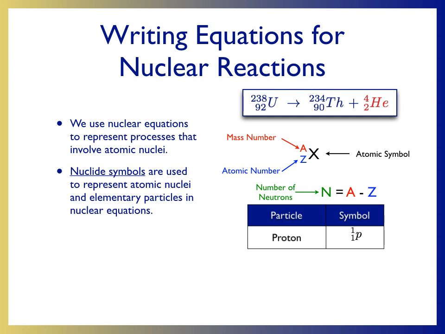Since protons have a positive 1 charge, we use a 1 as the atomic number. You can also note that protons might show up as hydrogen atoms as well, since hydrogen atoms typically have 1 proton. Neutrons are given the symbol lowercase n and also have a mass number of 1, but have an atomic number of 0, since neutrons have no charge.